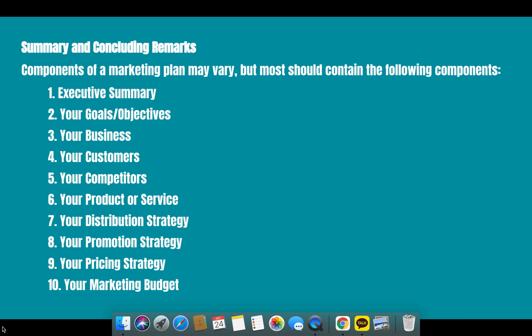Okay, so to market your product or service effectively, you must identify your customers, know their needs and wants, and satisfy those needs and wants. Developing a simple marketing plan is not as time consuming and as expensive as you believe.